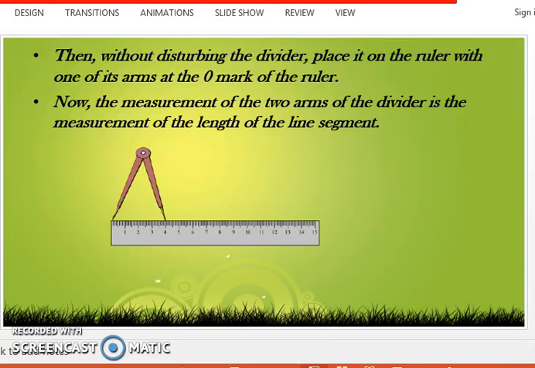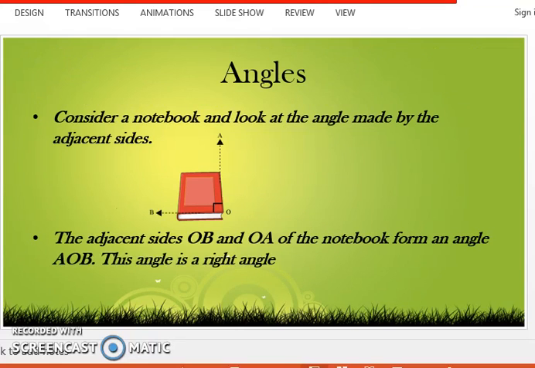Now the measurement between the two arms of the divider is the length of the given line segment. As the divider has sharp ends, it will always give us a better way of measurement. So we should always measure a given length of a line segment by using a divider and placing it on a ruler for better accuracy.